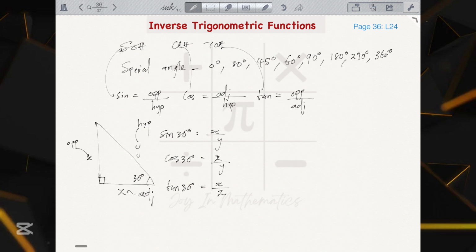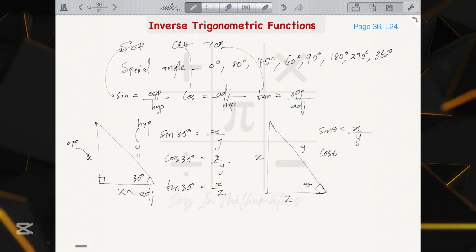So as important as all these concepts are, what if we want to evaluate, or what if we are given these three sides, we have theta, and we are given x, y, and z. Of course, we know that sine theta will be the opposite x divided by the hypotenuse y.